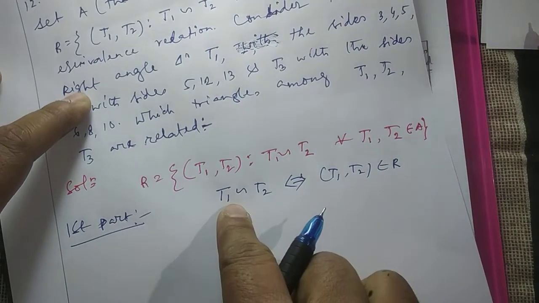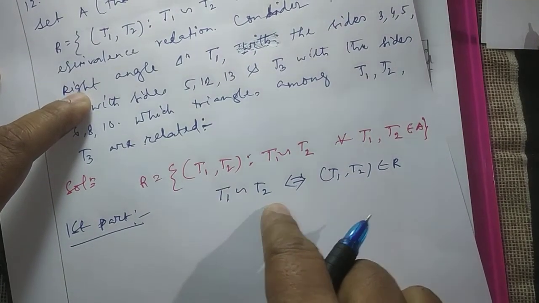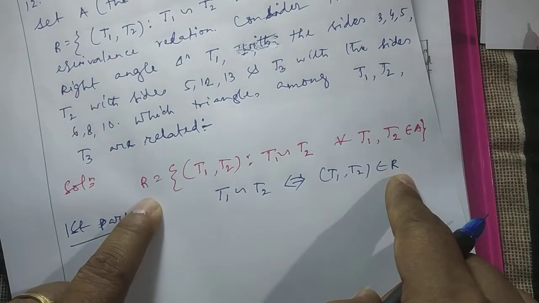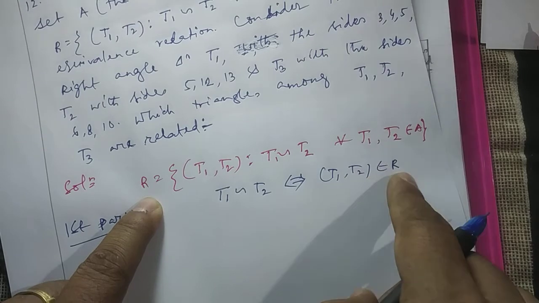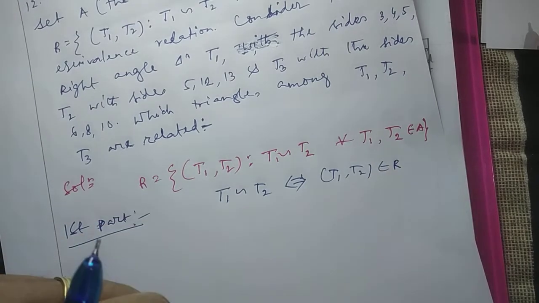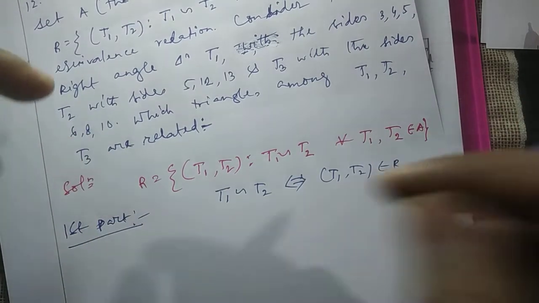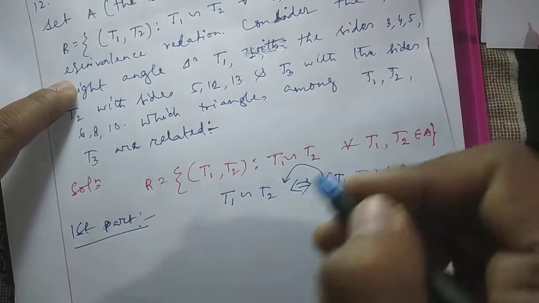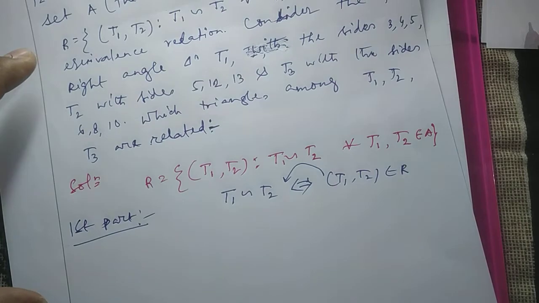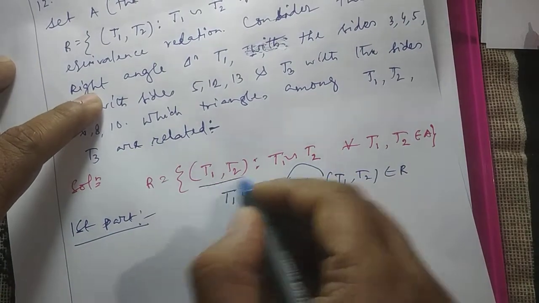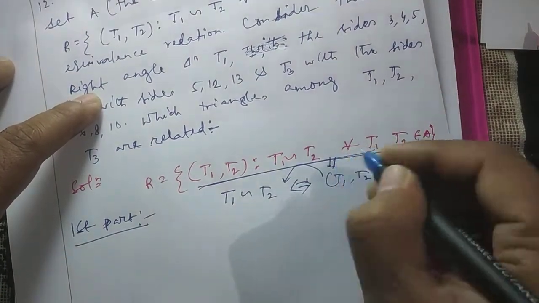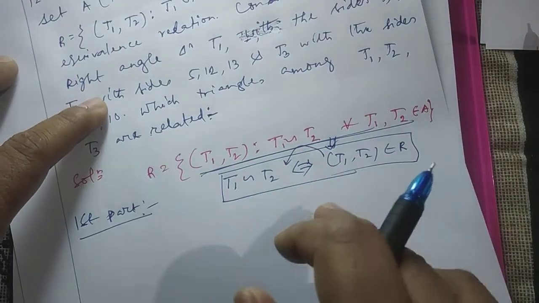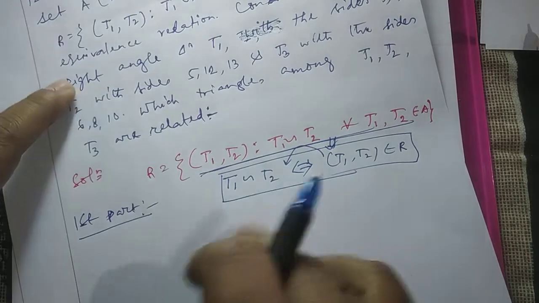If the triangle T1 is similar to triangle T2, then the ordered pair (T1, T2) will be satisfying the given relation R, meaning (T1, T2) belongs to R. And conversely, if (T1, T2) belongs to R, then the triangle T1 will be similar to triangle T2. That is the meaning of this definition in short. So you have to remember this one, keep in mind this one.